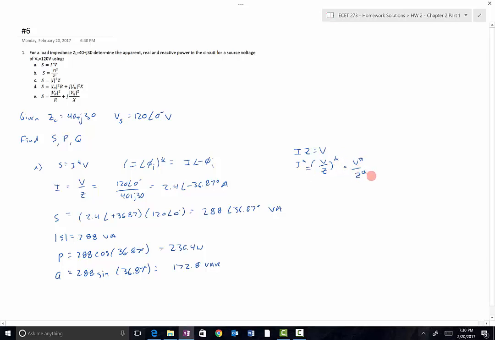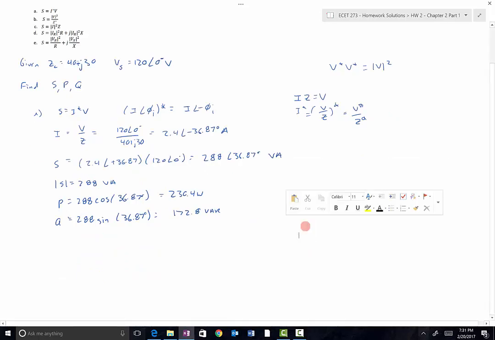And the other thing is that V star V, or I star I, whatever, is always just going to be equal to the magnitude of the quantity squared, since the angles will cancel out. So we've got those calculations to do.